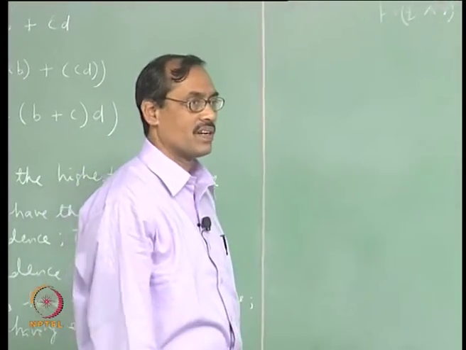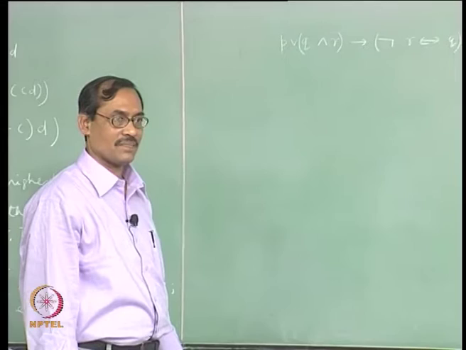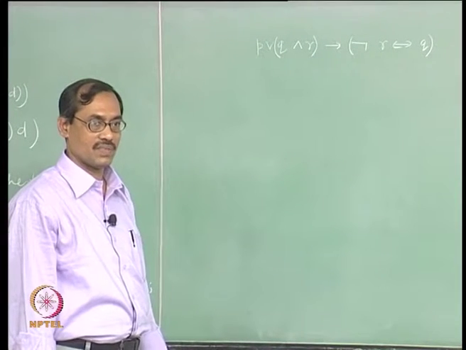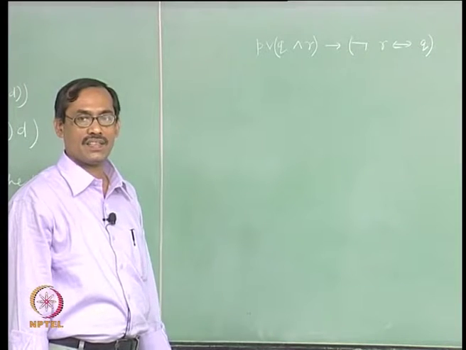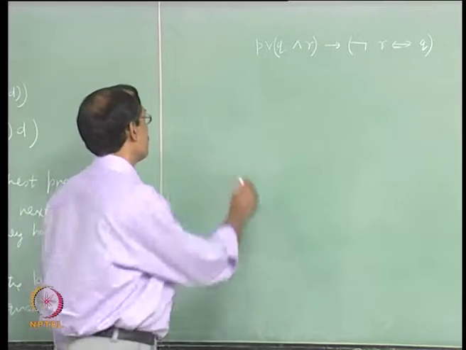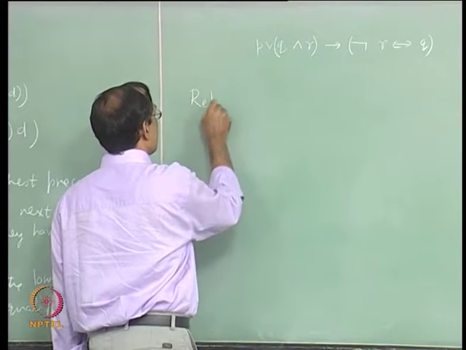Now, let us come back to our relevance thing, that if a variable is not occurring in a formula or a proposition, then it does not matter what value you assign to that variable, fine. Let us formulate it first, it is called the relevance lemma.